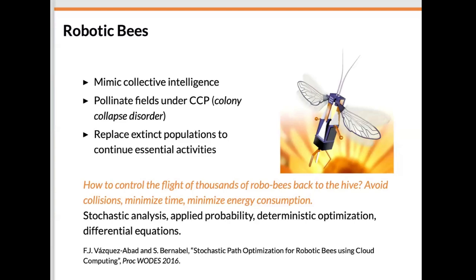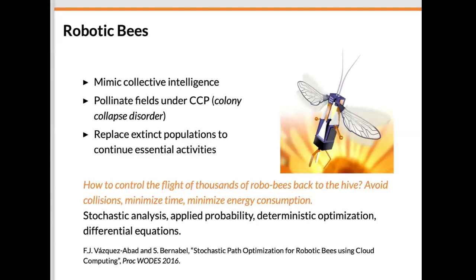Now, it was very interesting because these students in a project of mine, that was the simulation course, said, how do we control the flight of thousands of robobees back to the hive? These things are small. They're extremely costly.